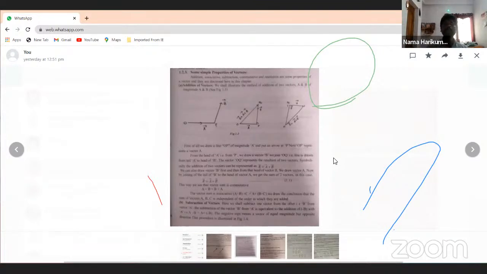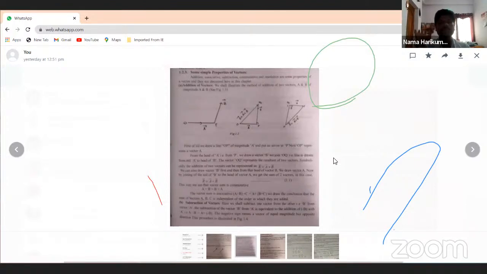In the addition process, O2P is A and P2Q is B, and the resultant is A plus B. But in the subtraction process, O2P is A, it is clear, but P2Q is opposite to OP. So the resultant value is A minus B, that is a subtraction of vectors.